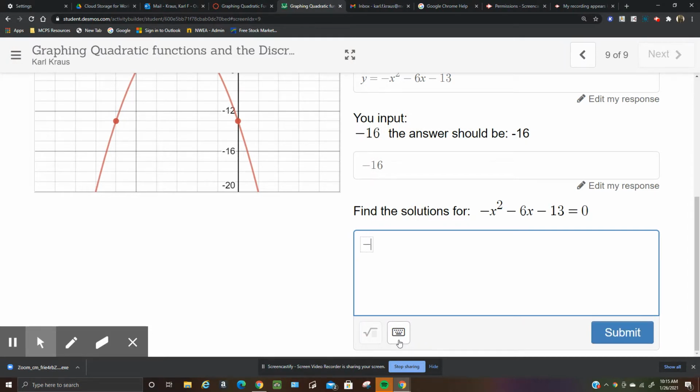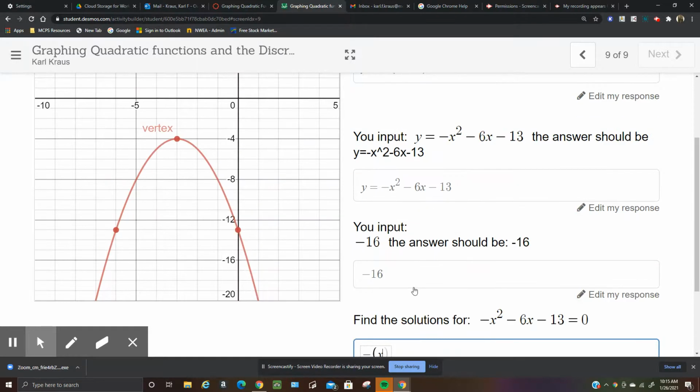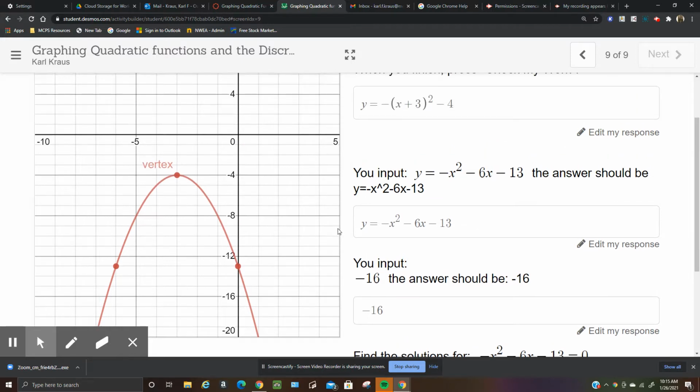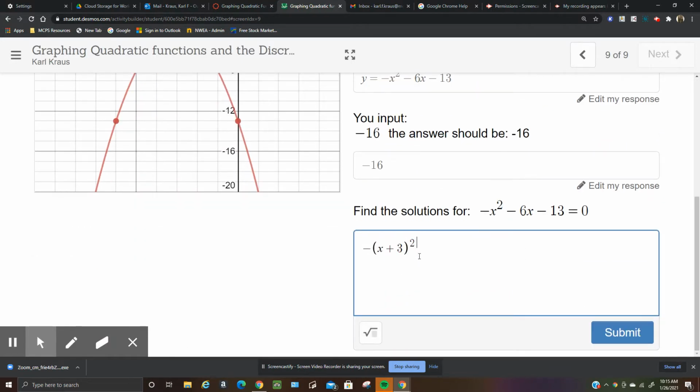You can do either one, but so the opposite of x plus 3 squared minus 4 equals 0. So the first thing I'm going to do is add 4 to both sides.